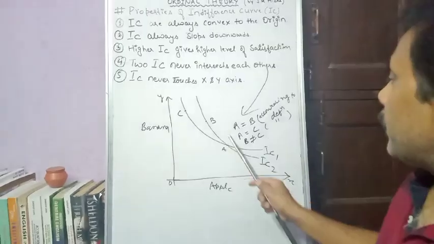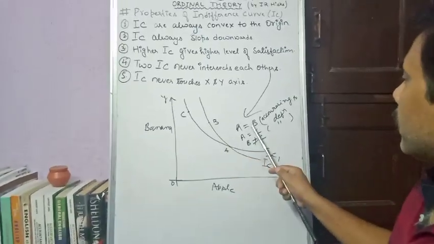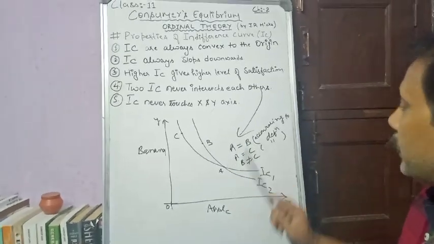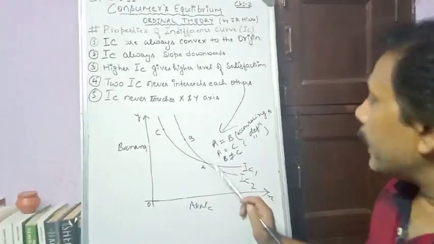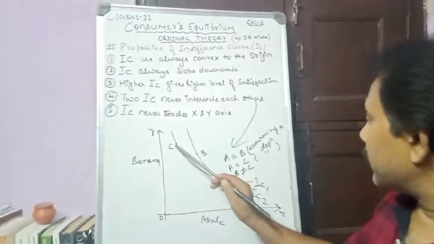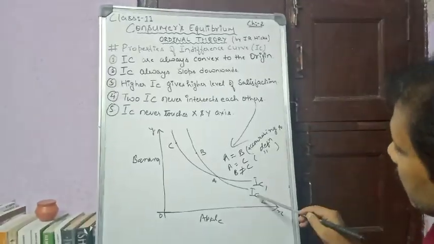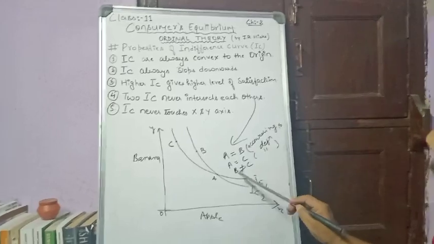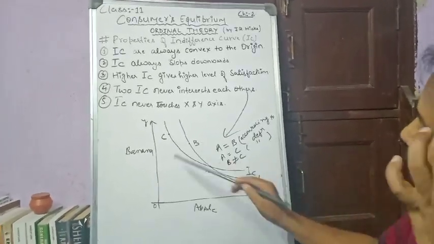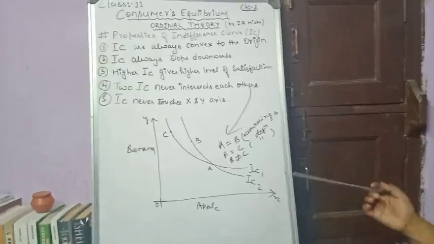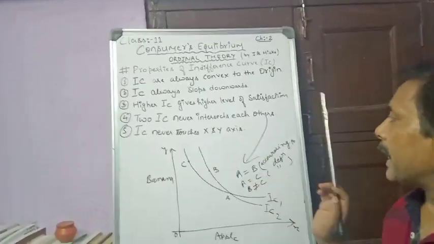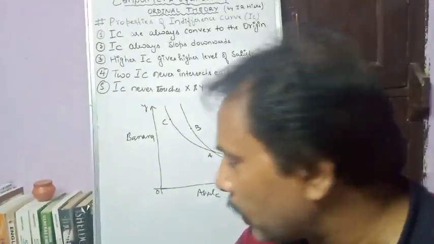So A is equal to B because A and B both lie on the same IC. Like that, A is equal to C, because A and C also lie on the same IC. But B is not equal to C because B and C lie on two different ICs. That's why we can say two ICs can never intersect each other.